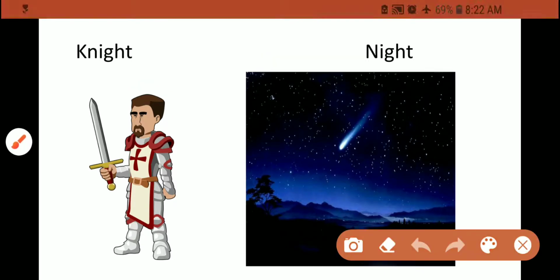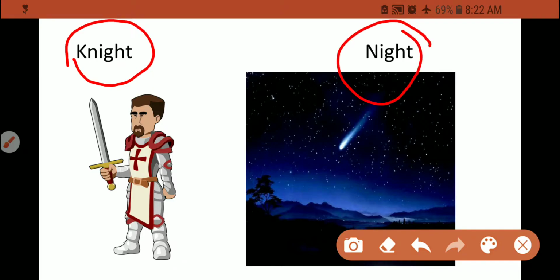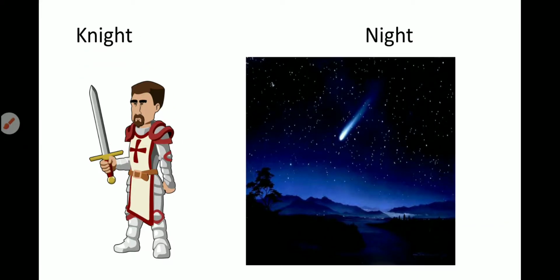So Grammar could tell me a tale about knights at night. It means that she's telling me a story about people who usually stand to defend the kingdom, and she's telling it to me at the time of the day when it's dark, at night time. Okay? Let's look at some more examples.